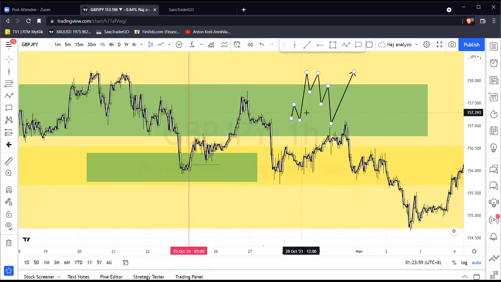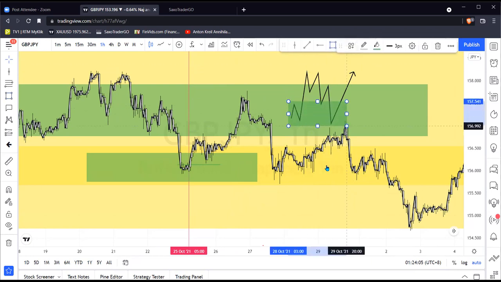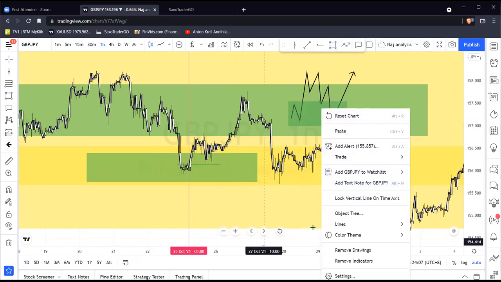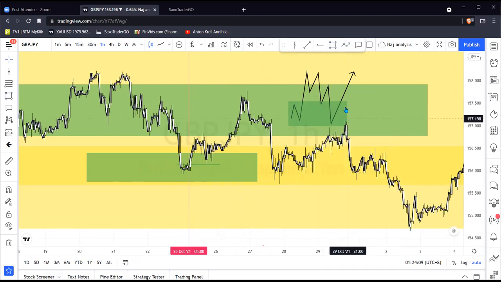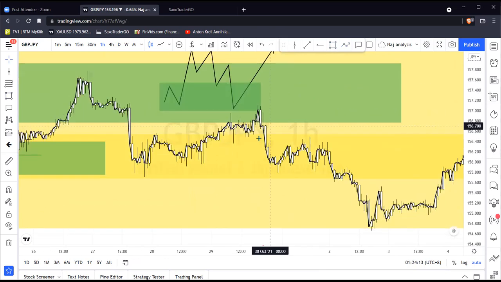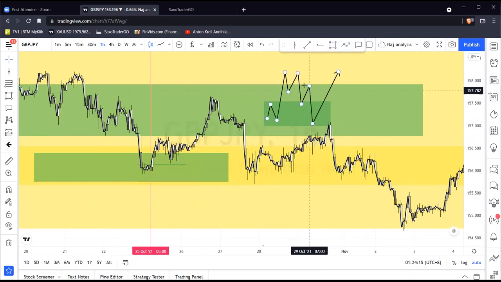Every breakout must have a retracement, and we would enter right here at the zone. So I want to ask you guys, how do we identify this as a sell zone if it's not respecting this buy zone?